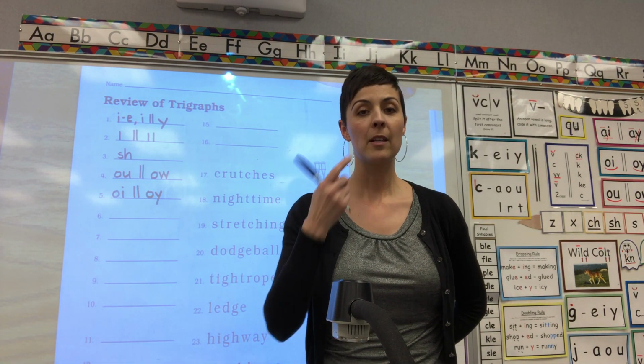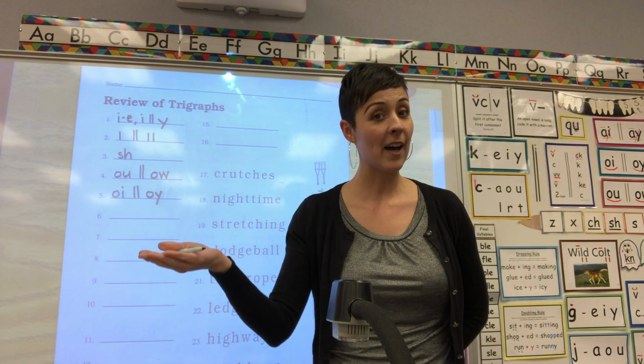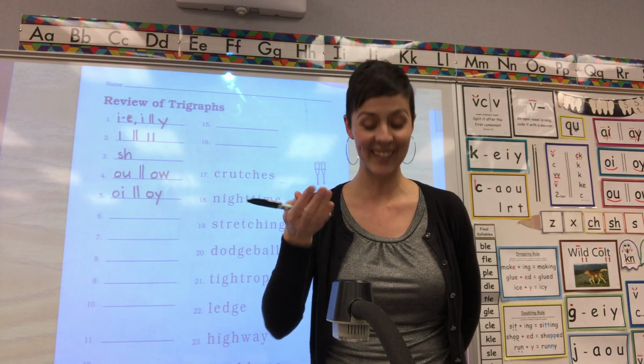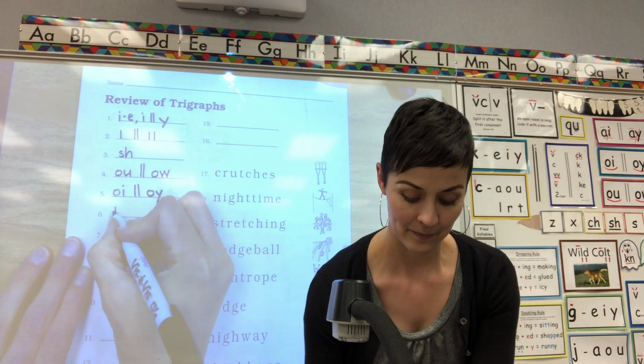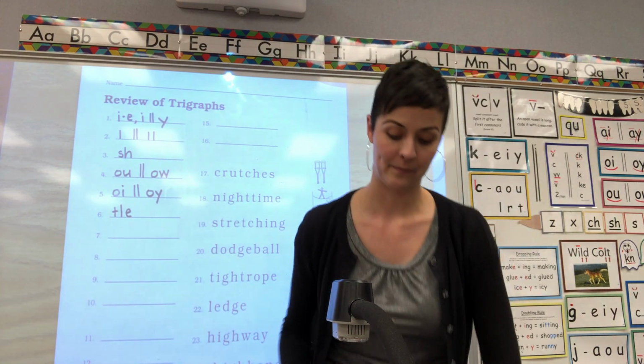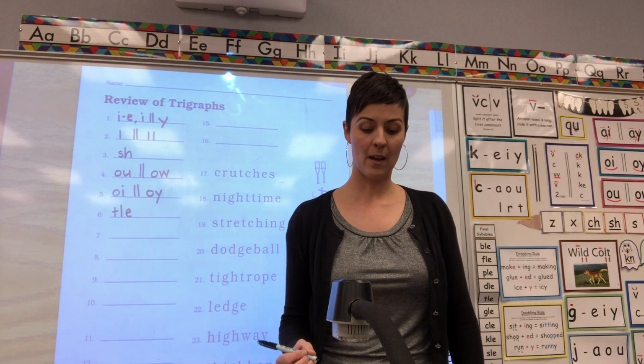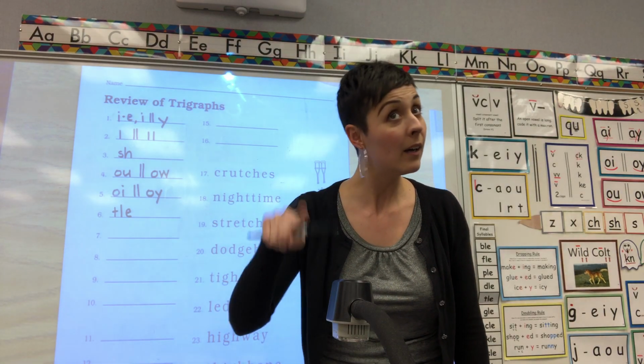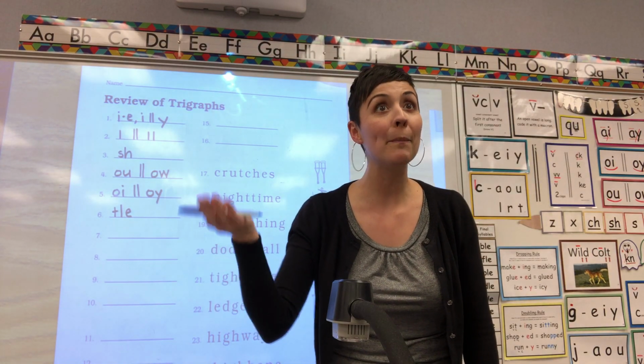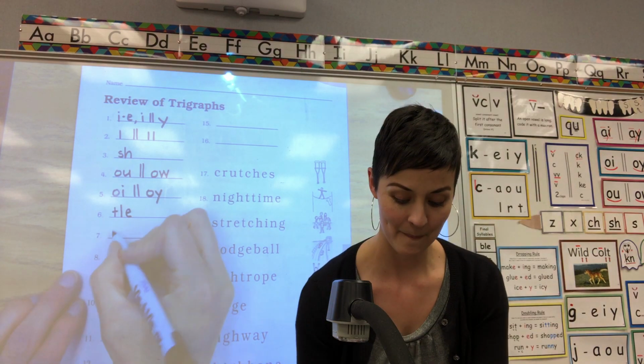Number 6, toll. Final syllable, T-L-E. Number 7, bull. Final syllable, B-L-E. Good.